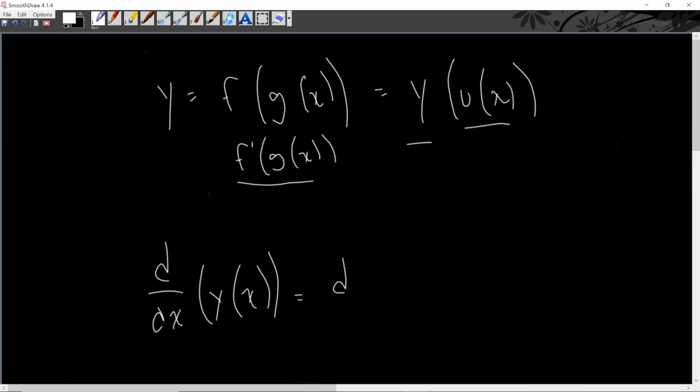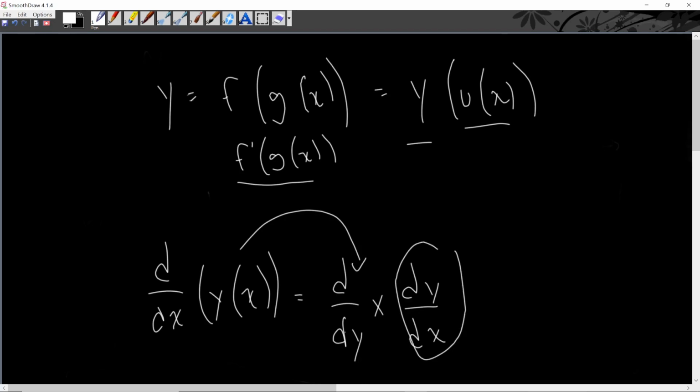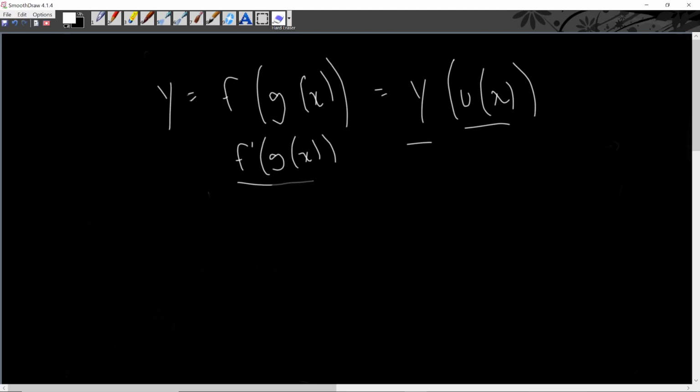And that's just going to be differentiating with respect to y times dy dx. Again, the dy's aren't exactly canceling out. That might be a good way to remember it, but you are just going to be doing the derivative of y with respect to y times dy dx, which, when we are implicitly differentiating, is what we're most likely going to be solving for. So let's get into some examples.